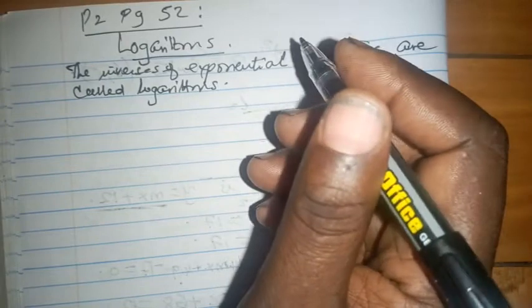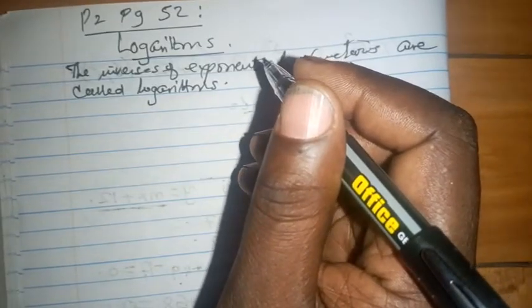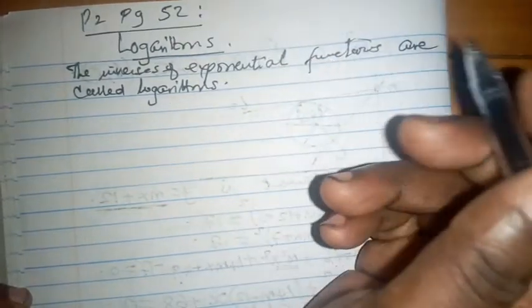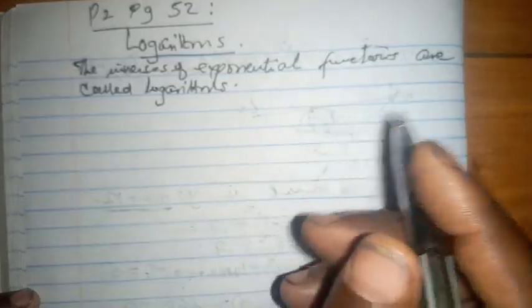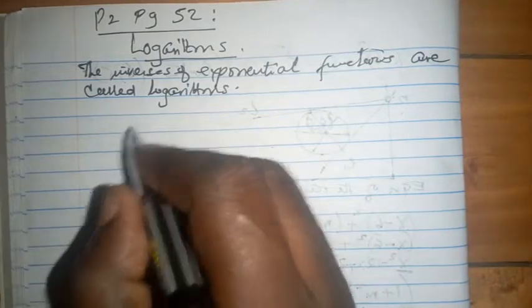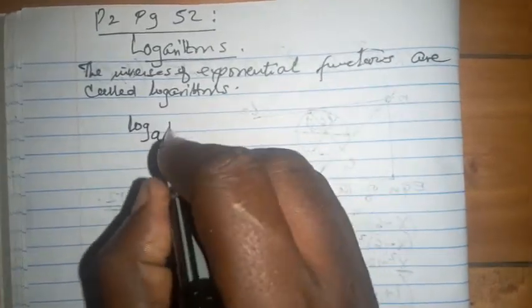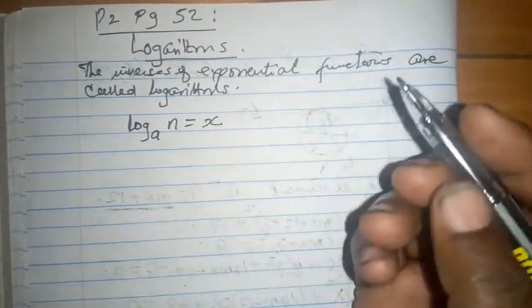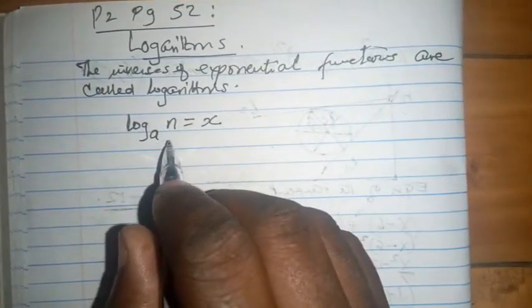Every time you're talking about the inverses of exponentials, it is important to think of what I majorly call the anti-clockwise movement. For example, if log to base a of n is equals to x, this one is a logarithmic notation.